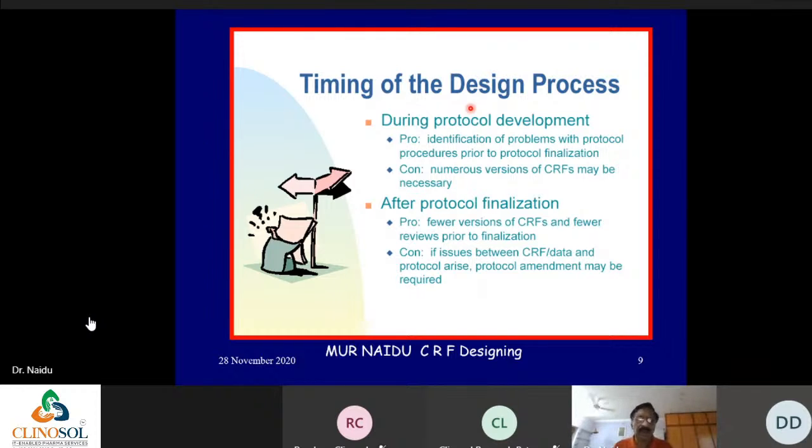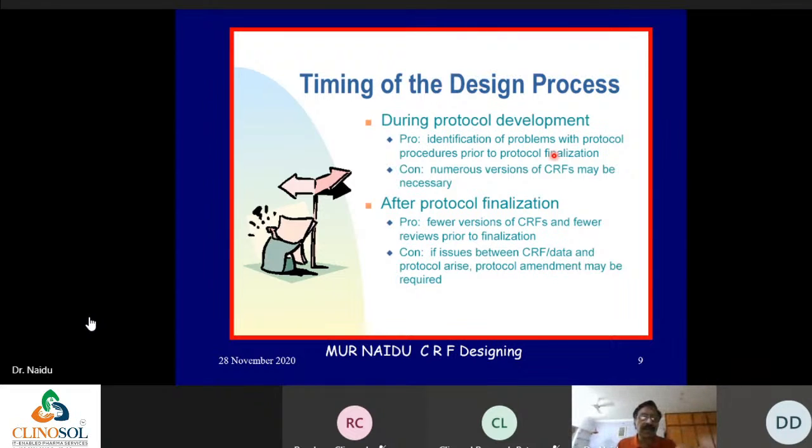So during the development of a protocol, what is that? Identification of the problem with protocol procedure prior to protocol finalization. Whenever you are finalizing a protocol, you should clearly identify, okay, this is my problem, which I wanted to put in the protocol, and try to develop a procedure.